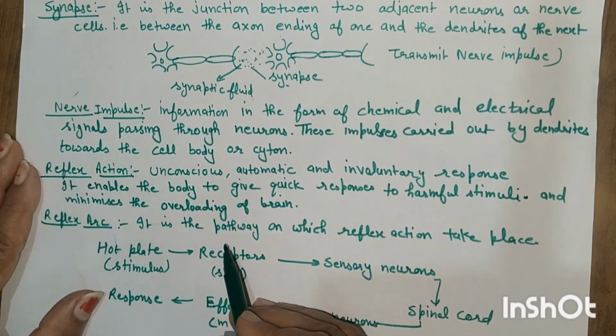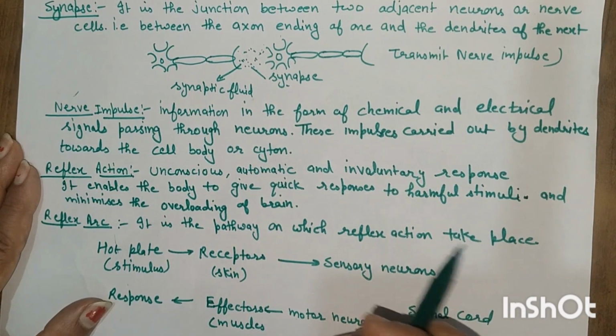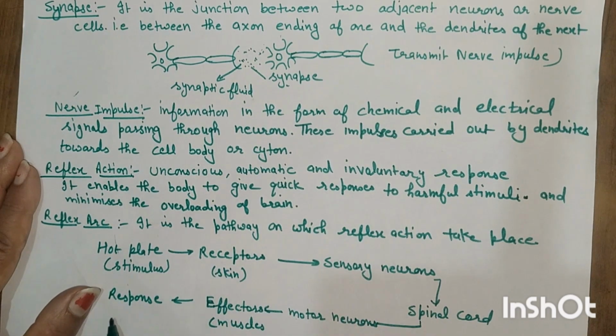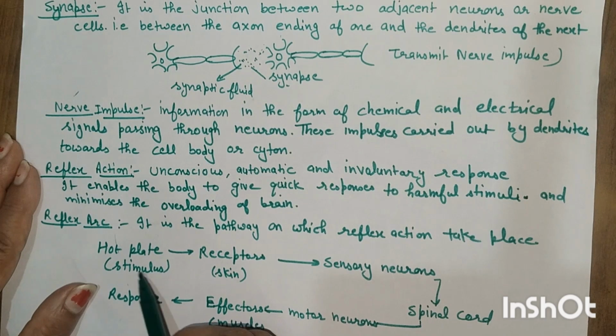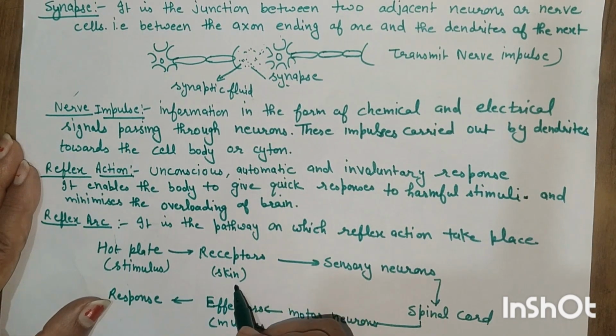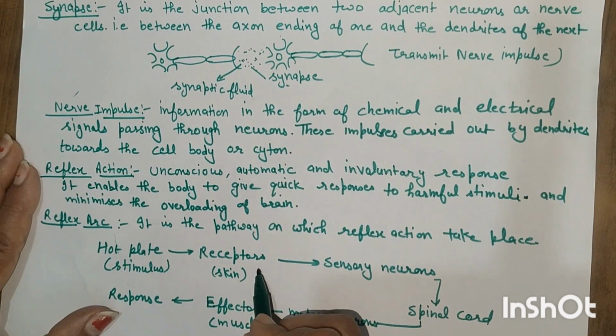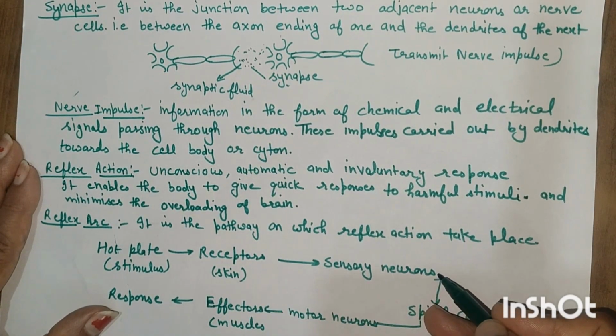Reflex arc. Reflex arc is the pathway on which reflex action takes place. This total pathway is called the reflex arc. When we touch the hot plate, the receptor, the skin, feels the dangerous situation. Then the sensory neuron receives the information and passes it to the spinal cord.